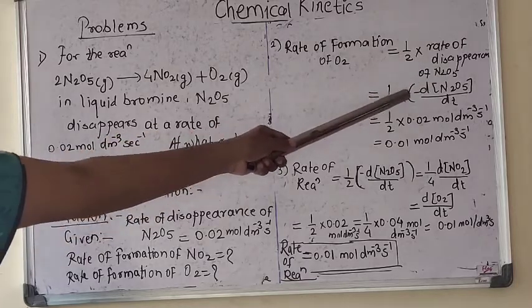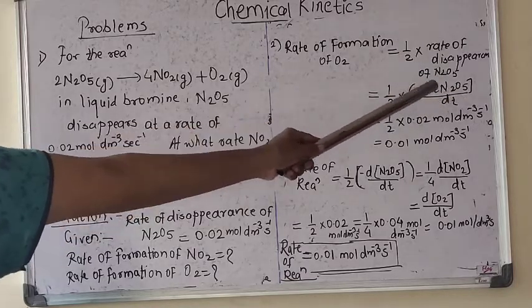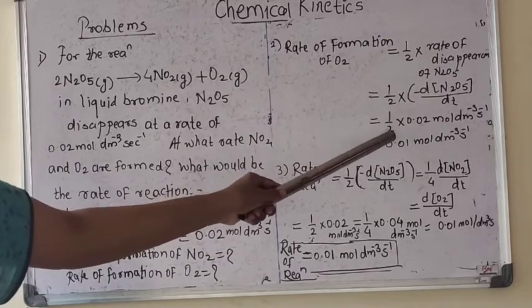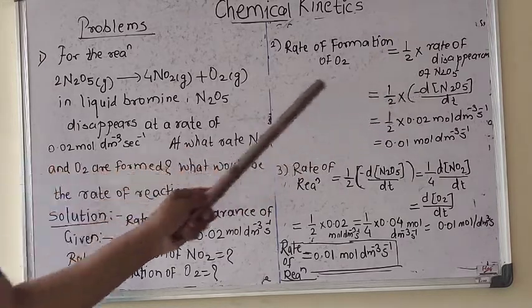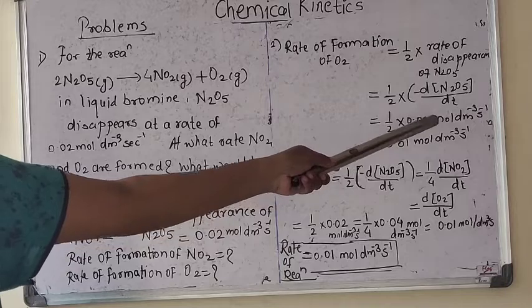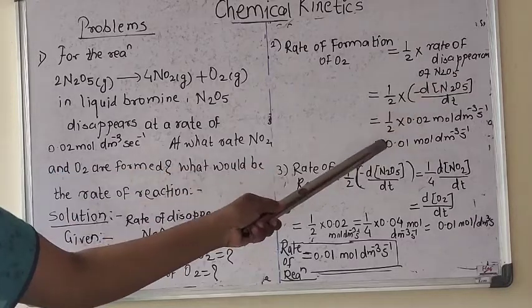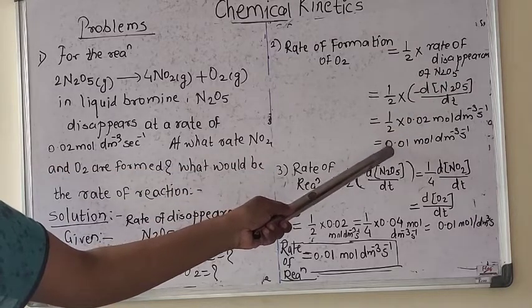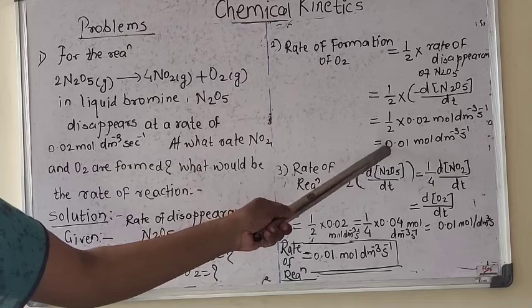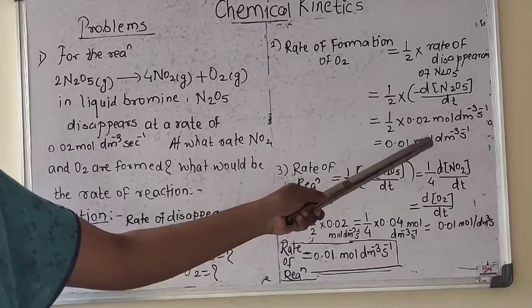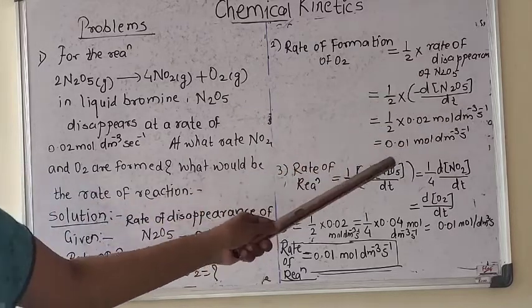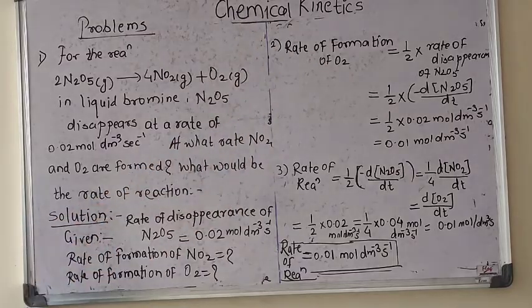So 1/2 into 0.02 mole per dm cube per second. By solving this, we get 0.01 mole per dm cube per second. That is the rate of formation of O2.